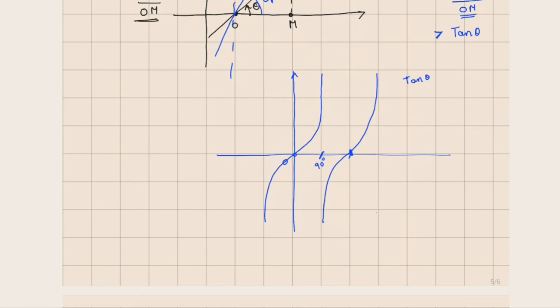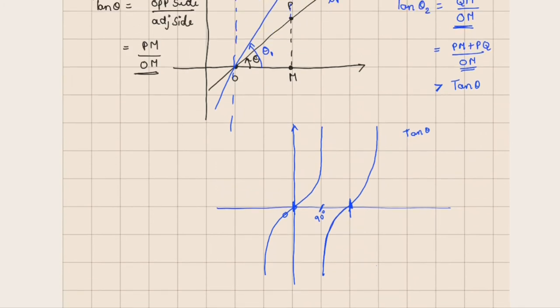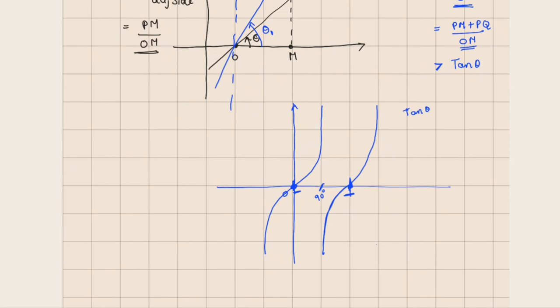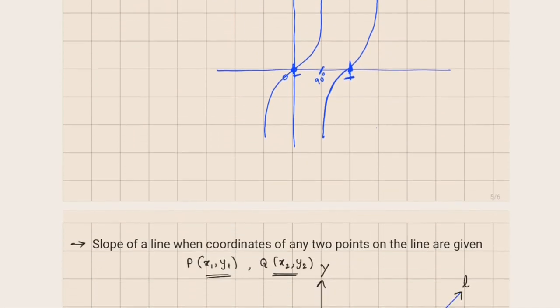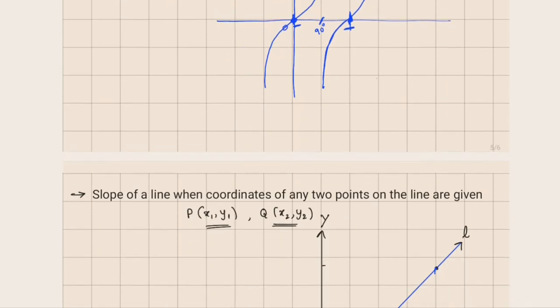As theta goes from 0 to 180, after 90 degrees it will start with a large negative slope, minus some very large quantity, and then when it reaches 180 degrees, it reaches 0. Both ends will have 0 slope. So this is the reason why we define tan theta as the slope of a line, where theta is the inclination.